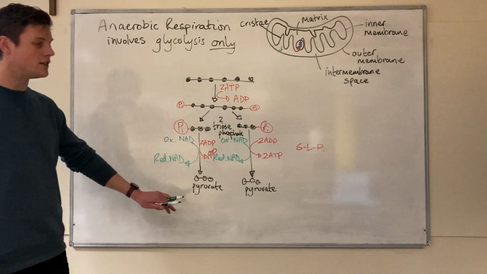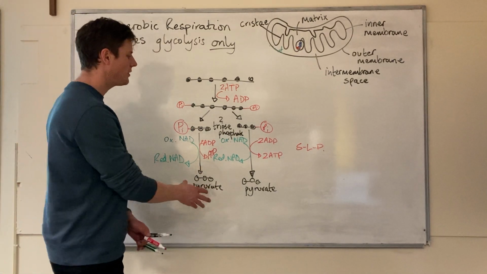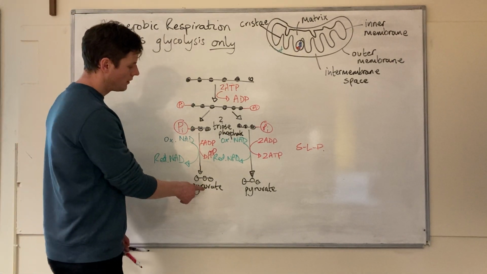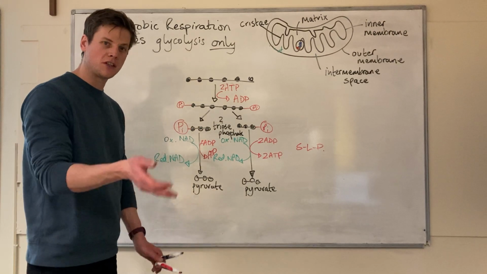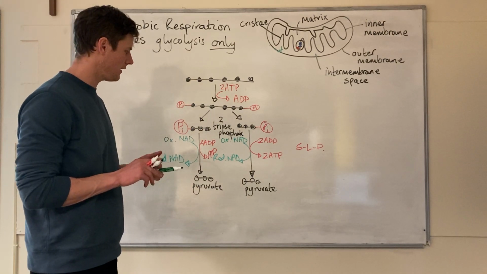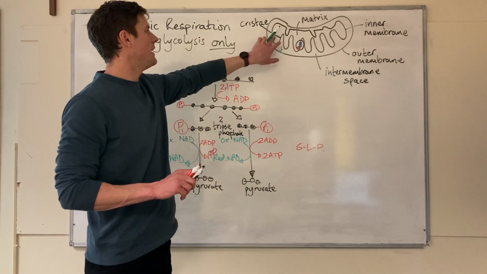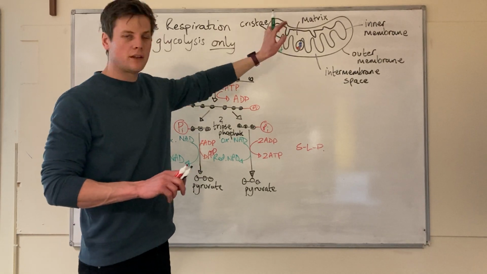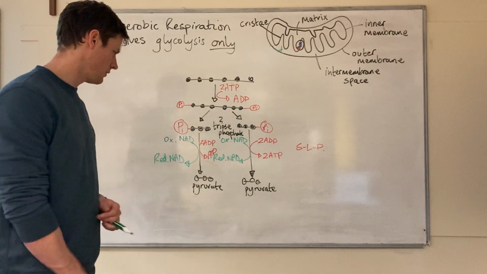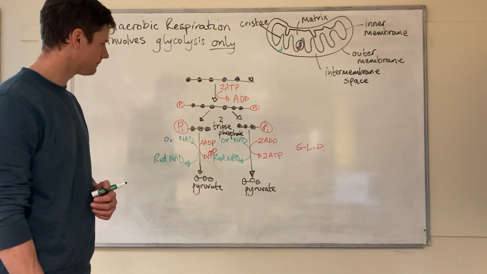This can only continue, or in fact, in the presence of oxygen, pyruvate will then pass into the matrix of the mitochondria, where it undergoes the link reaction, Krebs cycle, etc.